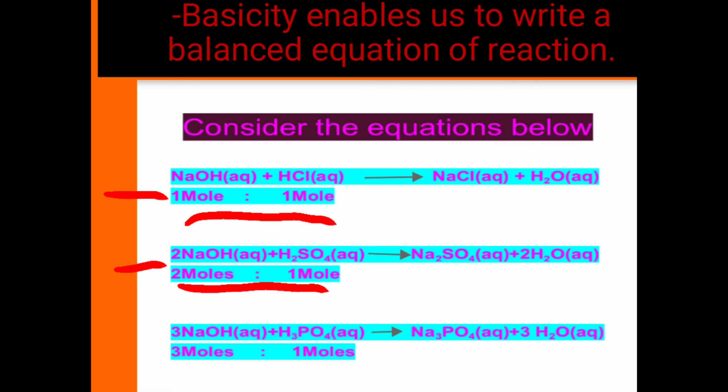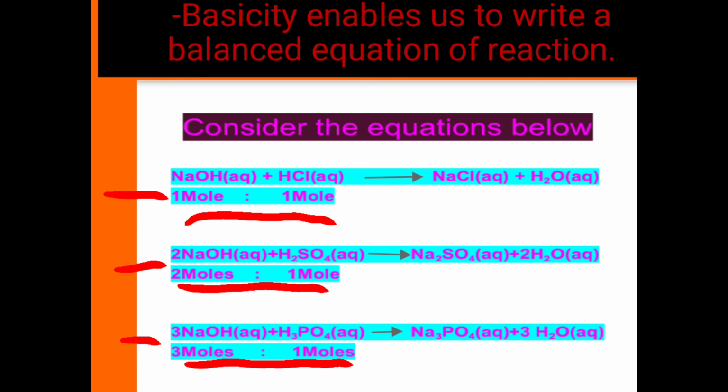That of phosphoric acid is 3 to 1. Now you may be asking yourselves, why am I using sodium hydroxide to react with the acids and getting such ratios? There's a technique we need to learn here. Sodium hydroxide is just a representative of the bases we use in our practical.